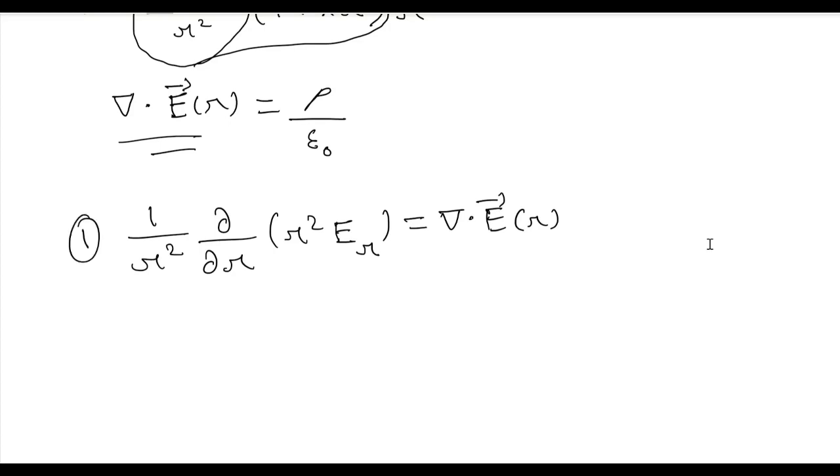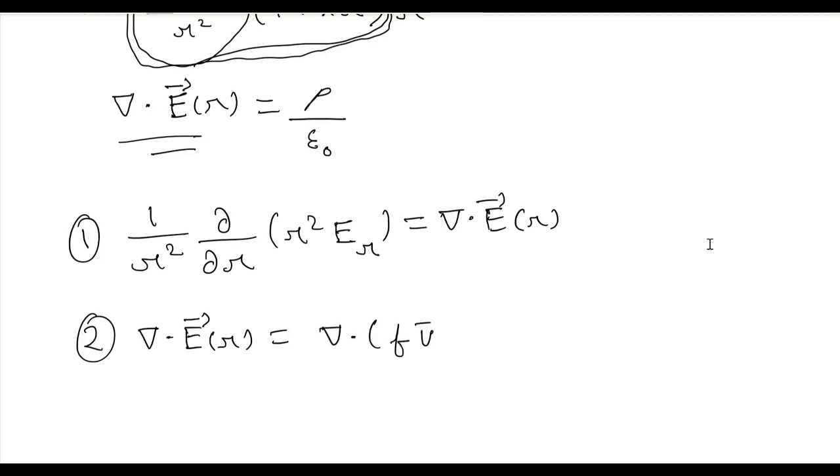The second way is to take this whole thing and use a trick. Let's say this electric field is composed of a scalar function f and a vector function v, so a scalar function times a vector function equals this vector field.